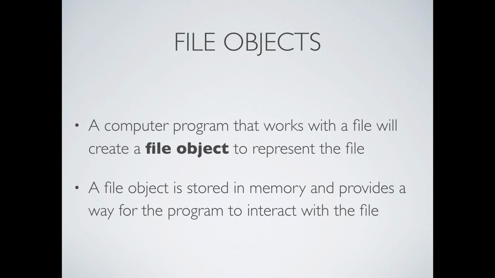It essentially represents the other file. It is stored in memory and provides a way for your program to talk to the other file. We'll talk in a little bit about what it looks like to make a file object and everything else that comes with processing information with other files.